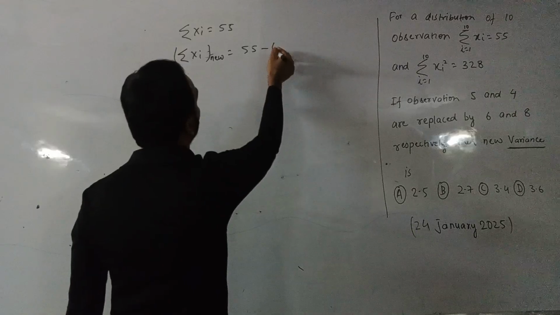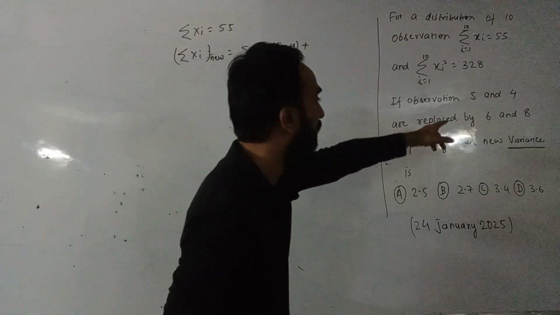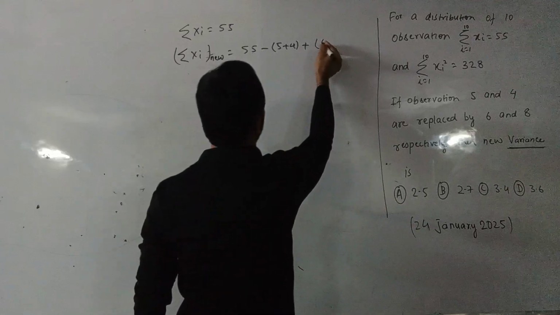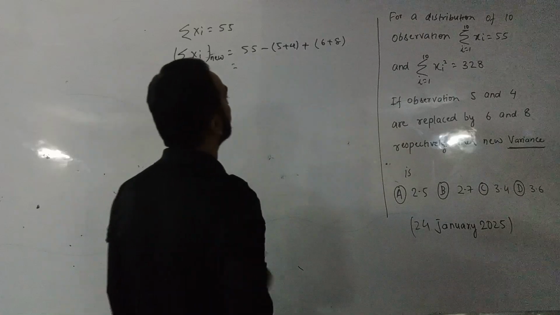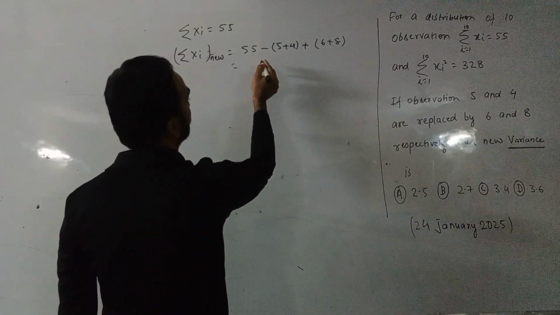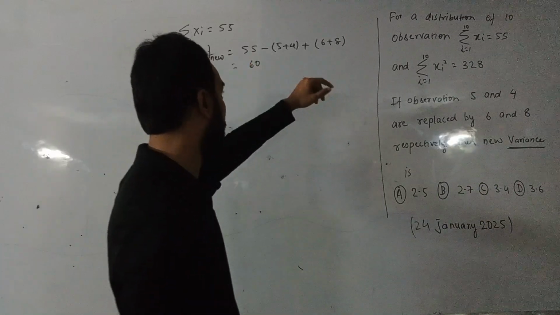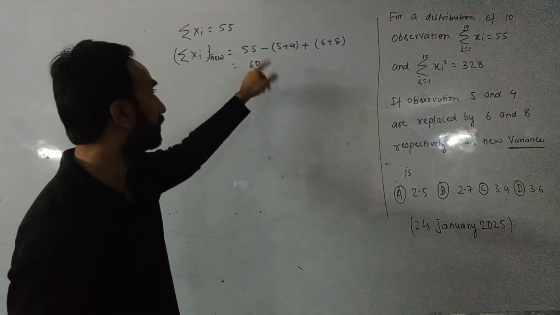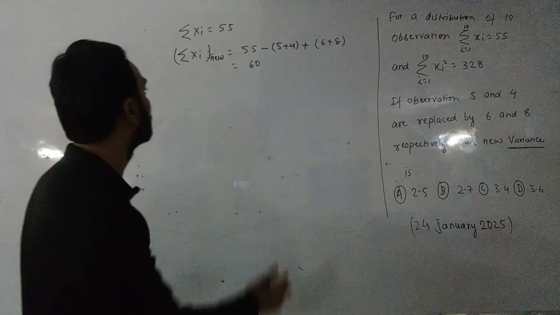So I will write here 5 plus 4, and in addition we are doing 6 plus 8. So this will become 9 and 14, and 14 minus 9 is an increment of 5. So this will become 60.